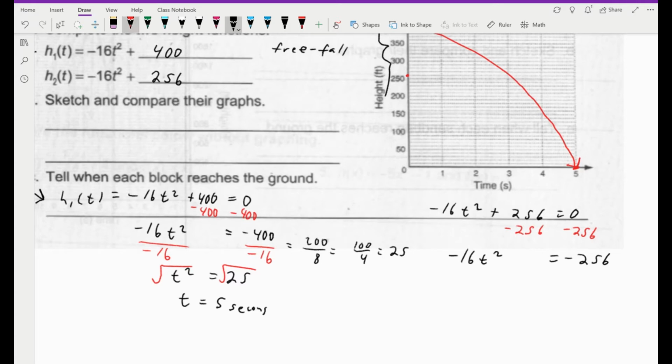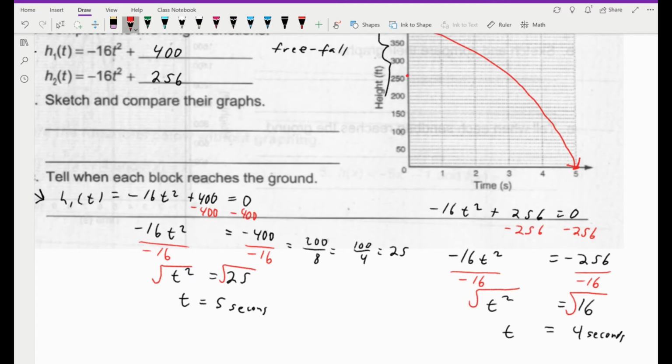We will now divide both sides by negative 16. There we get t squared is equal to negative 256 divided by negative 16. If we use a calculator, we'll get 16. And then of course we have to take the square root of both sides. The square root of t squared is t, and the square root of 16 is 4.